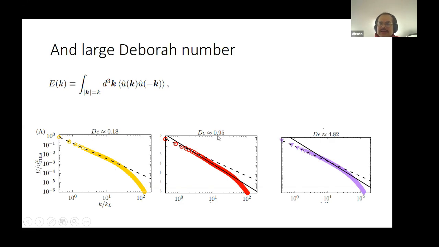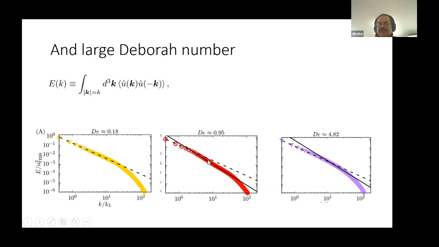This dashed line is the Kolmogorov line. Now you increase the Deborah number and you are at a Deborah number of almost 1. You notice you can still get a scaling behavior, but this is not Kolmogorov anymore. I will show you in a moment, but trust me for a few minutes. What it almost looks like is that there is a scaling behavior over here at relatively small Fourier modes, which is Kolmogorov-like, which is the dashed line.